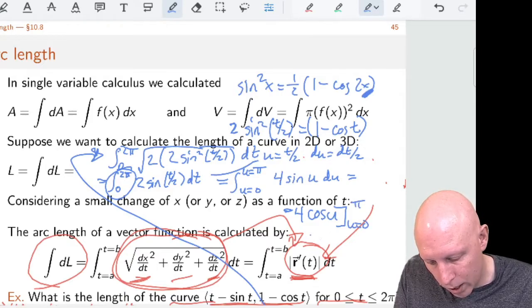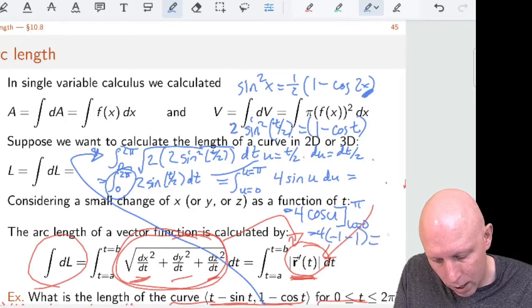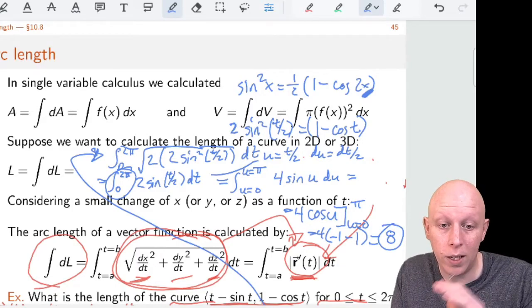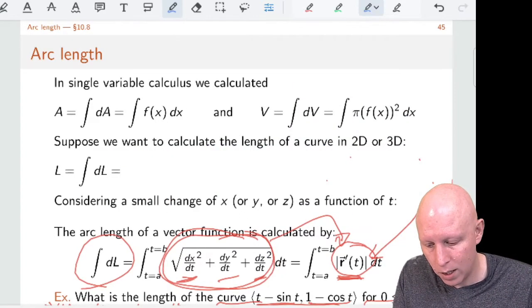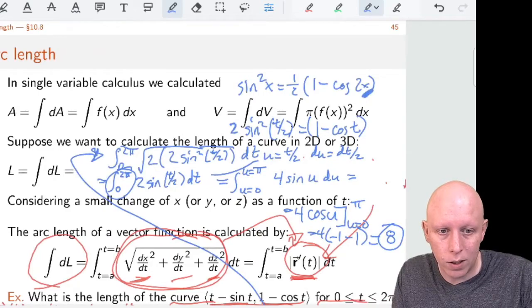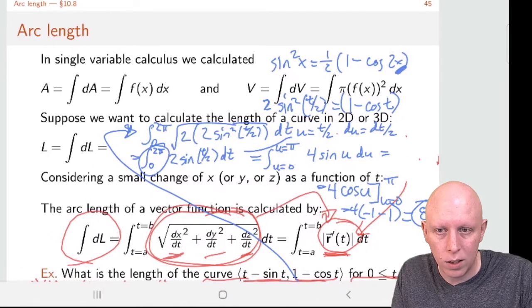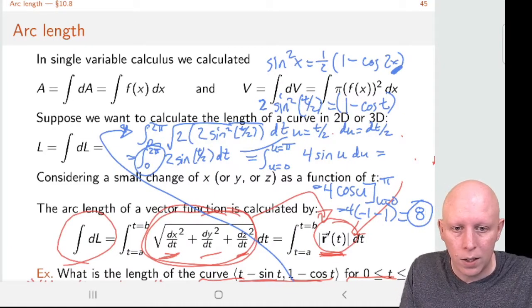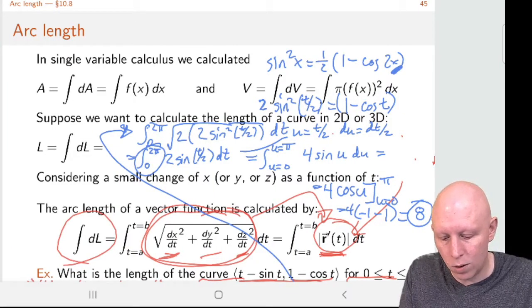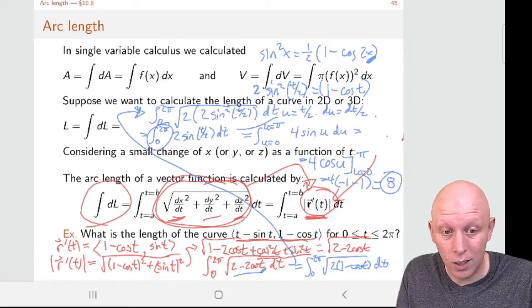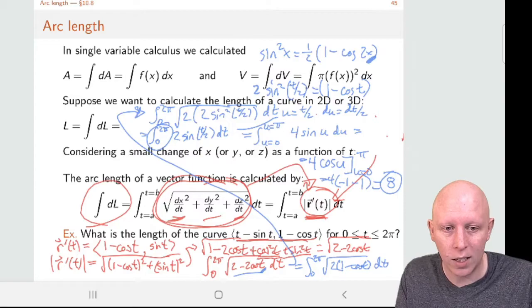And so we get negative 4 times negative 1 minus 1, which is equal to 8. And so the length of this curve is then equal to 8. Which is sort of what we were saying. We were saying the length should be bigger than 7. And here we are, it's exactly 8.